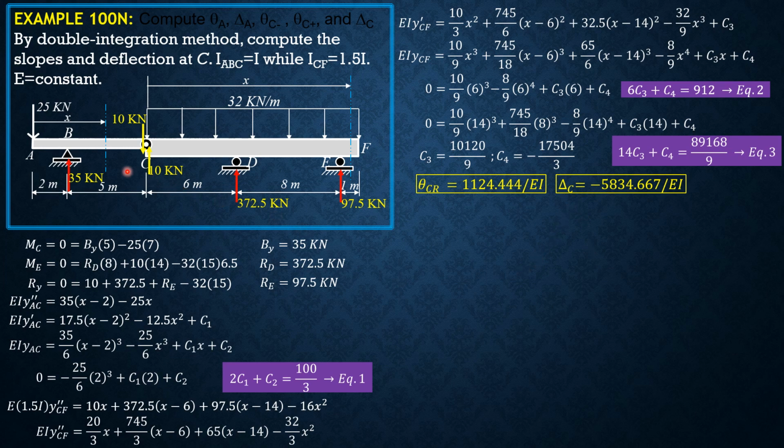Then we set x is 7 for y, EI y at C, and y at C is equal to C sub 4, negative 17504 over 3 EI. So EI times negative 17504 over 3 EI equals 35 over 6 times 5 cubed, 7 minus 2, minus 25 over 6 times 7 cubed plus C sub 1 times 7 plus C sub 2.